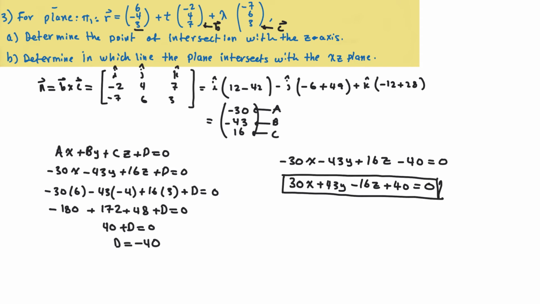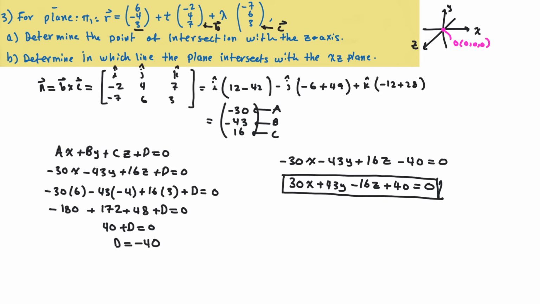The first part of the question is asking us to determine the point of intersection with the z-axis. Well, we need an equation for the z-axis. We need an equation of the line is really what I wanted to say. So this is x, y, and z. And for the z-axis, we have a starting point. We can just use the origin as the starting point. So that's 0, 0, 0.